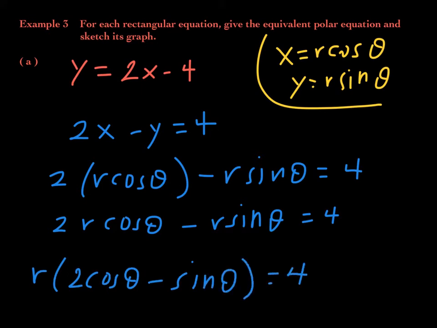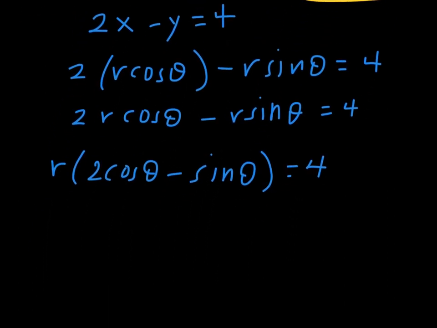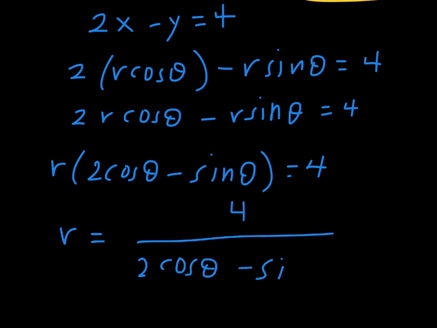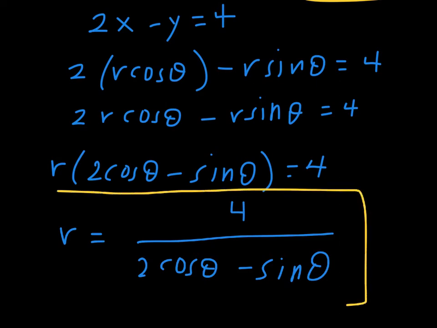Which would then lead me to, if I divide both sides by 2 cos theta minus sine theta, my final answer: r is equal to 4 divided by 2 cos theta minus sine theta. Look at this, everybody. This is the polar equation for a line whose slope is positive 2 and y-intercept negative 4. Isn't that pretty amazing? So this is the polar equation for that linear equation.